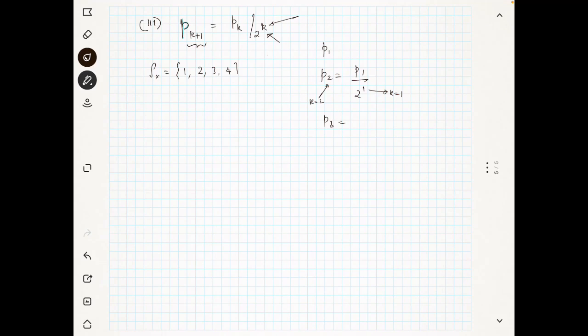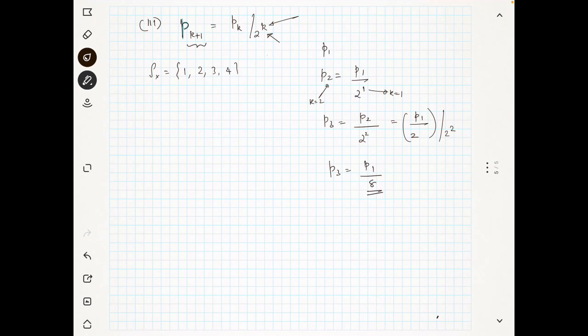Now p3 is equal to p2 divided by 2 power 2, where p2 is p1 by 2. Then the whole is divided by 2 power 2. So this p3 will be equal to p1 by 8.